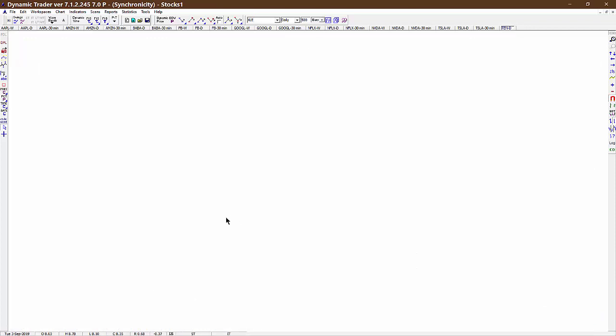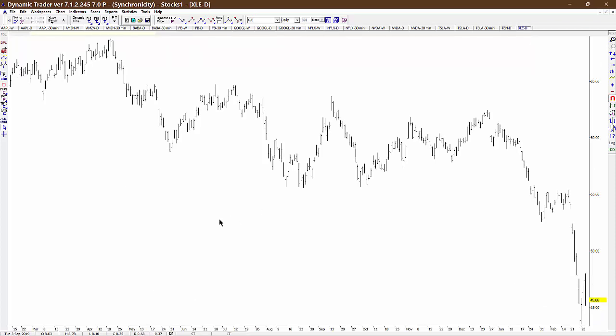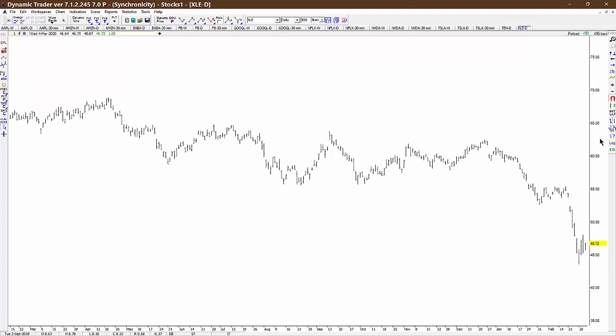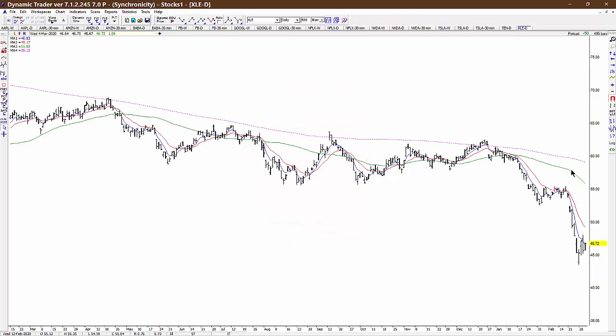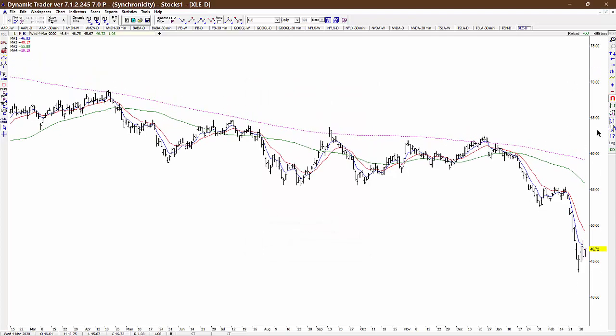Okay, XLE, I don't know. Well, in XLE, I know I have timing via the histogram because I've done the work on it recently, but let's look at some of these cycles and see.